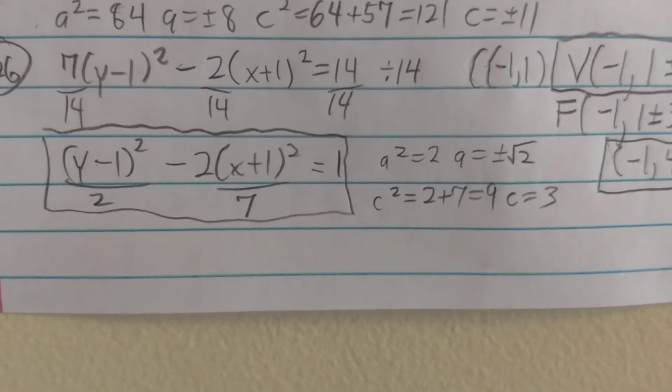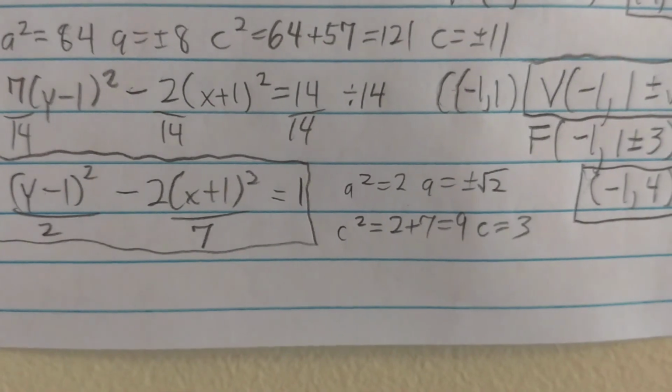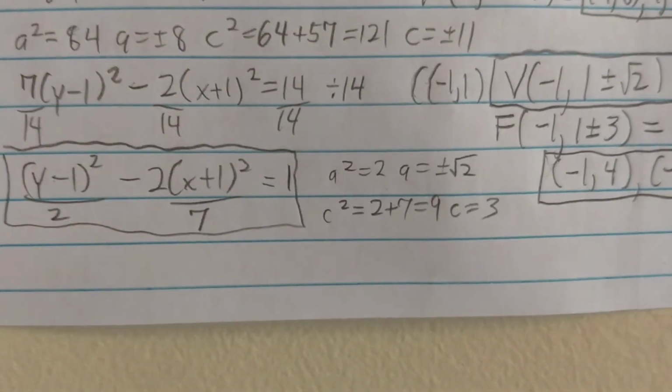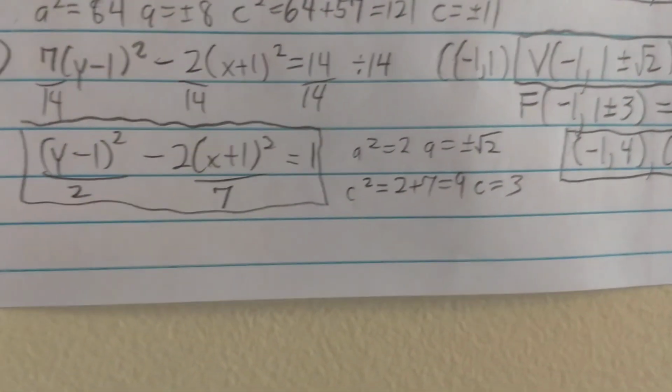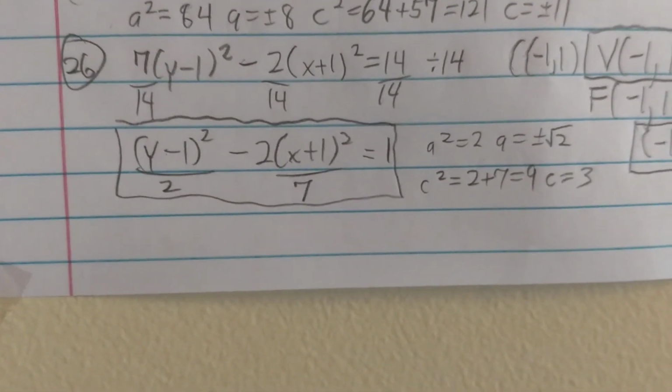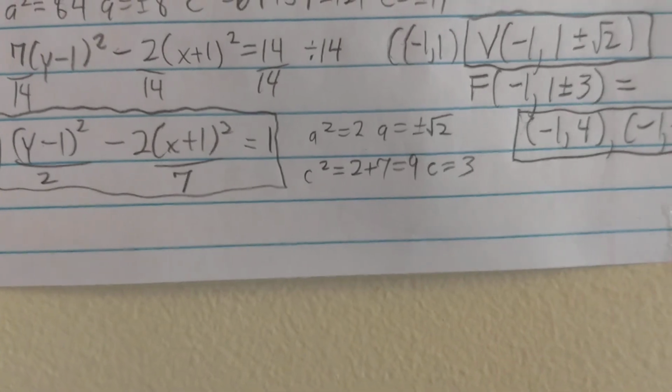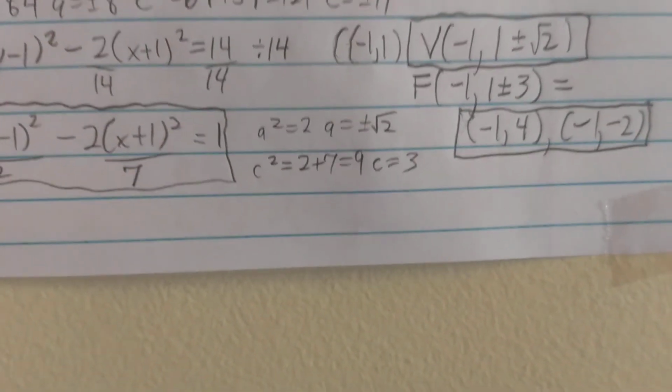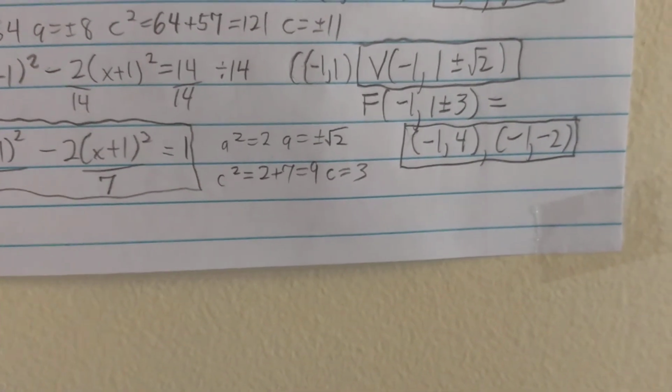We never have a 2 up there, so the 2 shouldn't be there in front of the x plus 1. So a squared is 2, so a is plus or minus the square root of 2, but c squared is always the addition of the bottom two numbers. So c squared is 2 plus 7 equals 9, or c is 3.